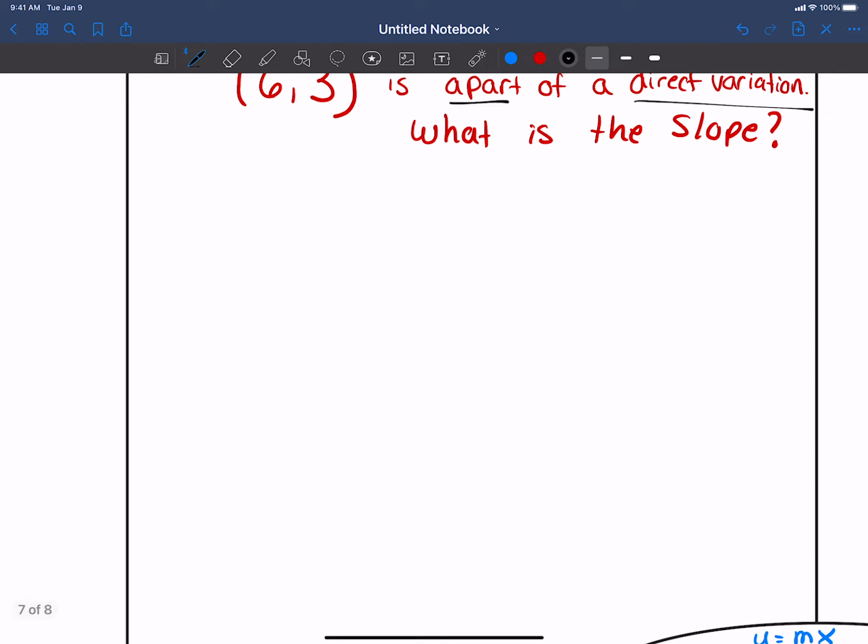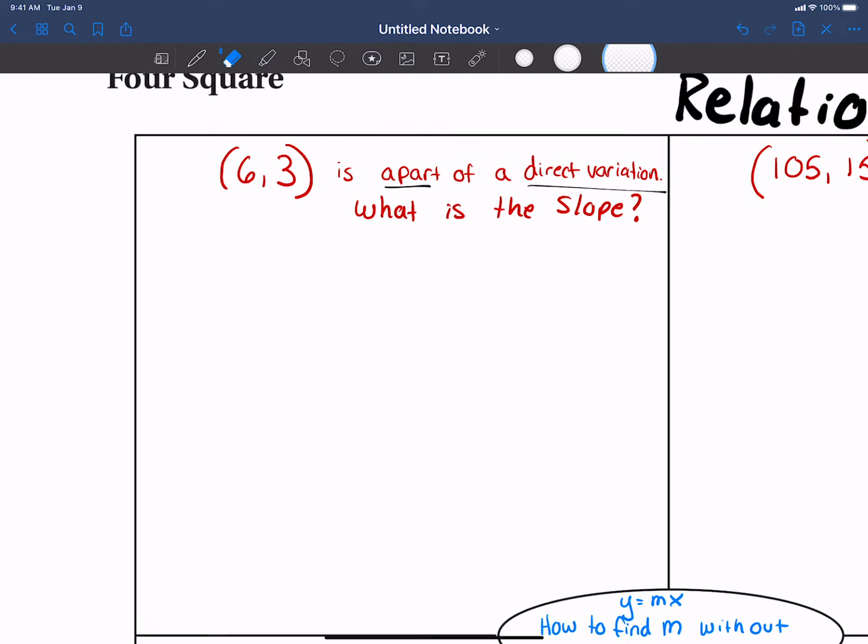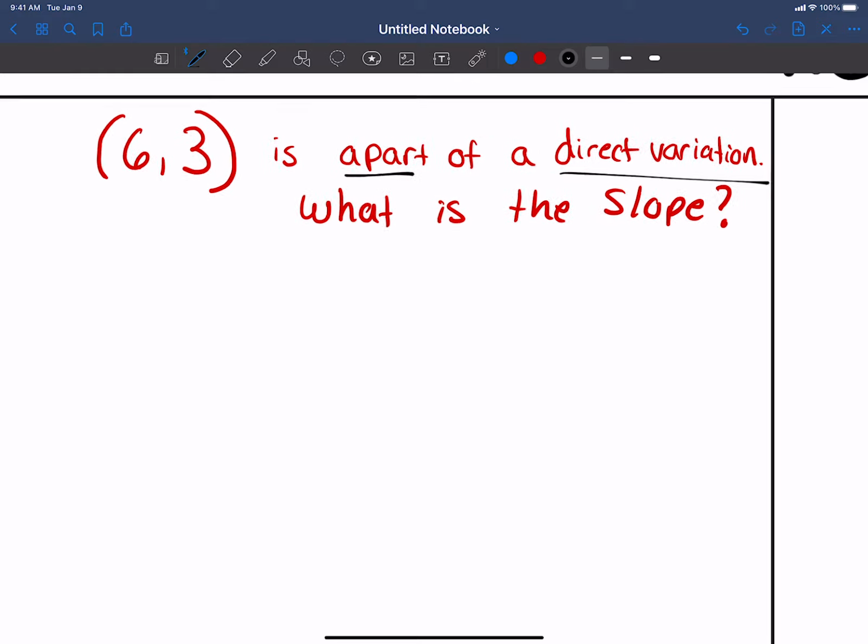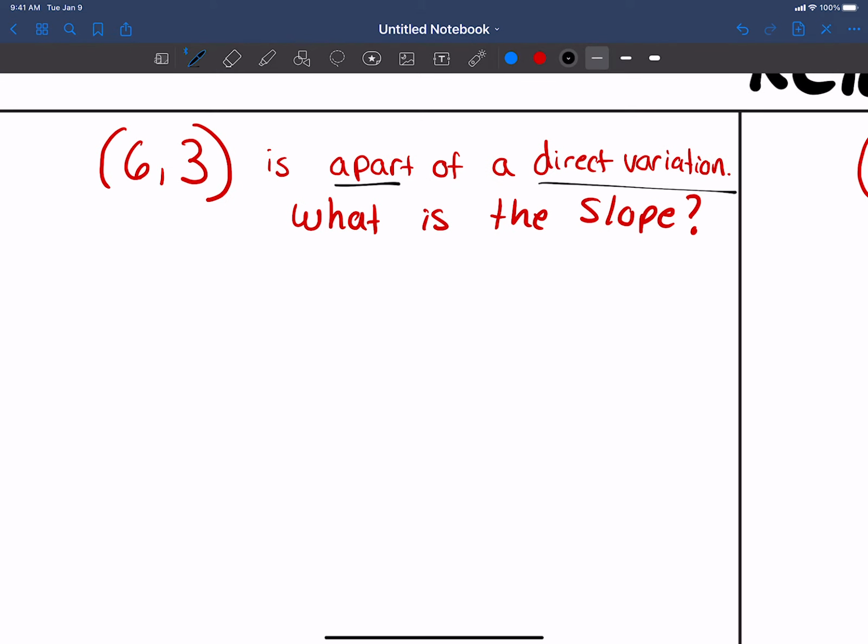Let me undo for a second. Could I find slope from this? Yeah, I go up 3 over 6. Ta-da. But guess what? I said we're going to do it without graphing. So here's how you do it. If I didn't say there's no grids, nothing, and I said 6, 3 is a part of a direct variation, what's the slope? What is the equation that I said is a part of direct variation?